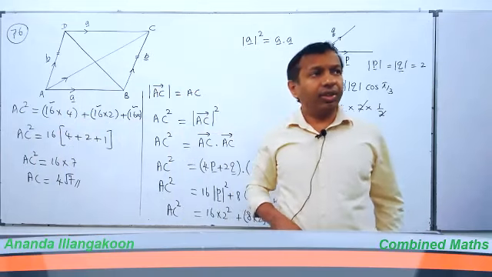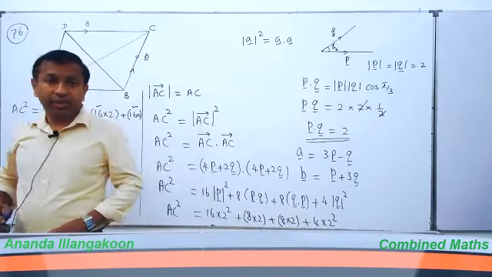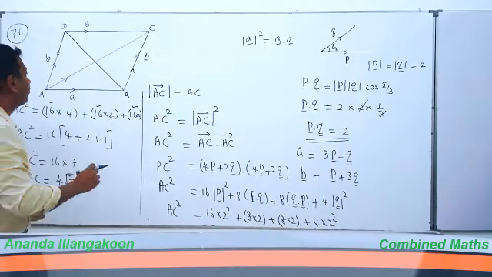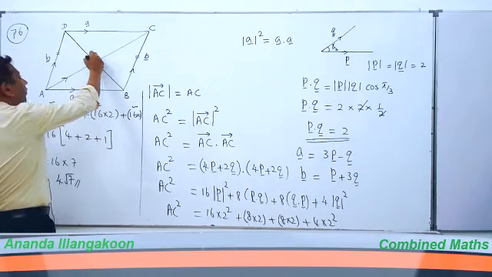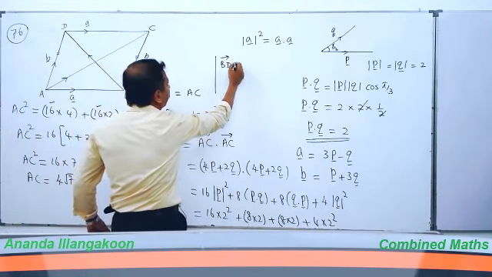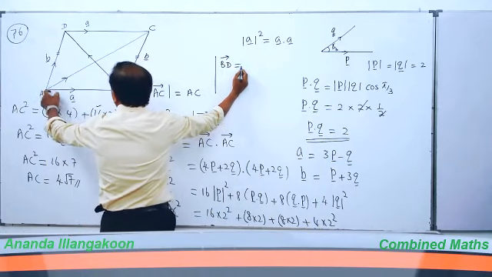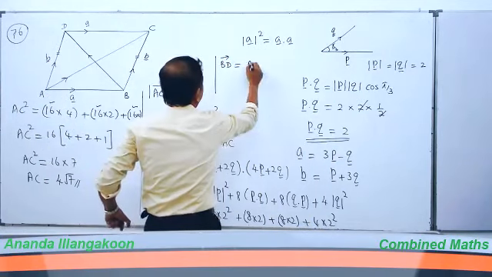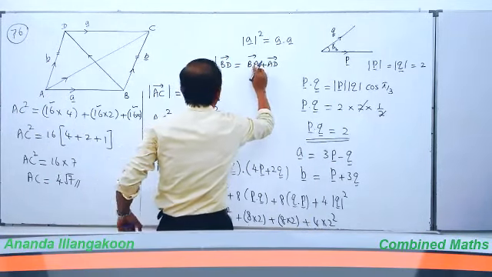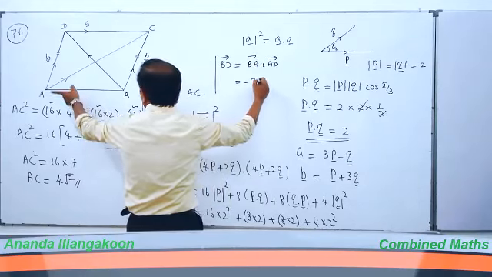And similarly, the other one, BD, you can take as homework. You know the method now. How to take this BD? First we write the BD vector. B to D vector is equal to BA plus AD. What is BA vector? Minus A. What is AD vector?